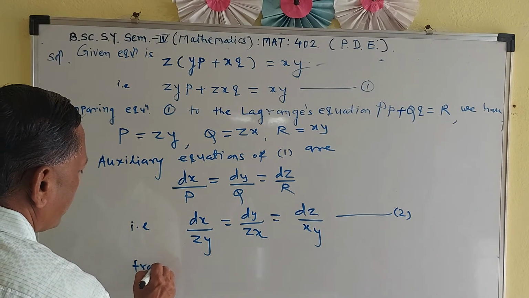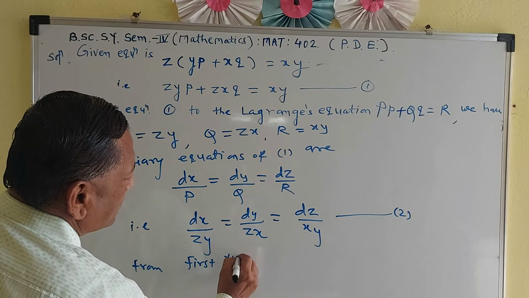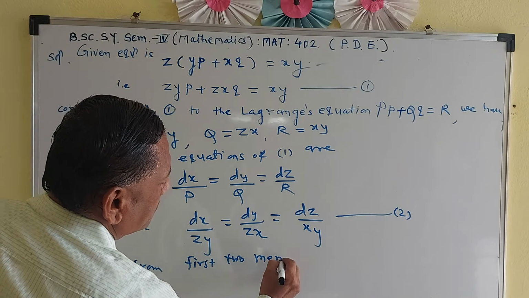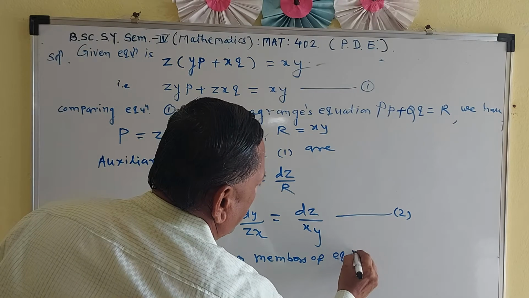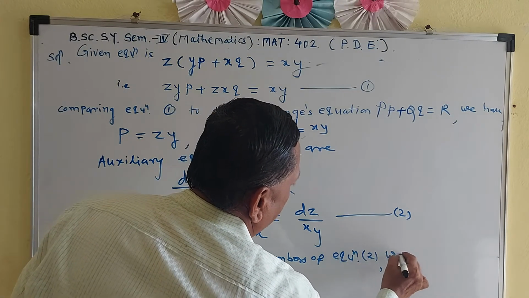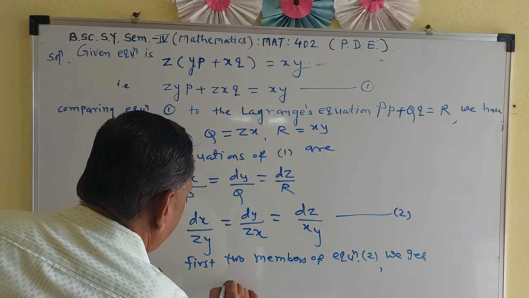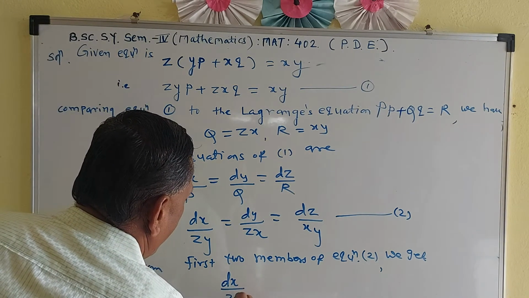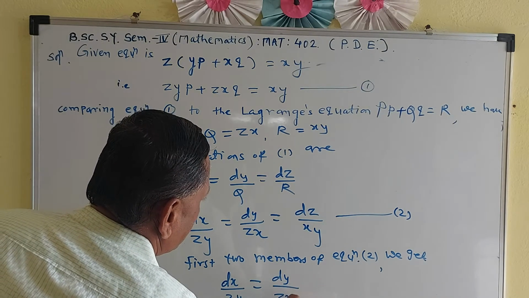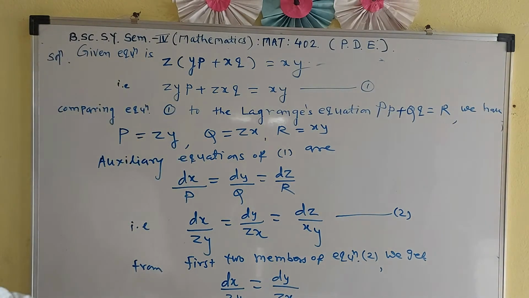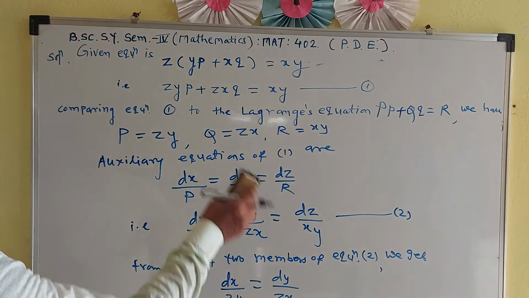From the first two members of equation 2, we have dx upon zy is equal to dy upon zx.